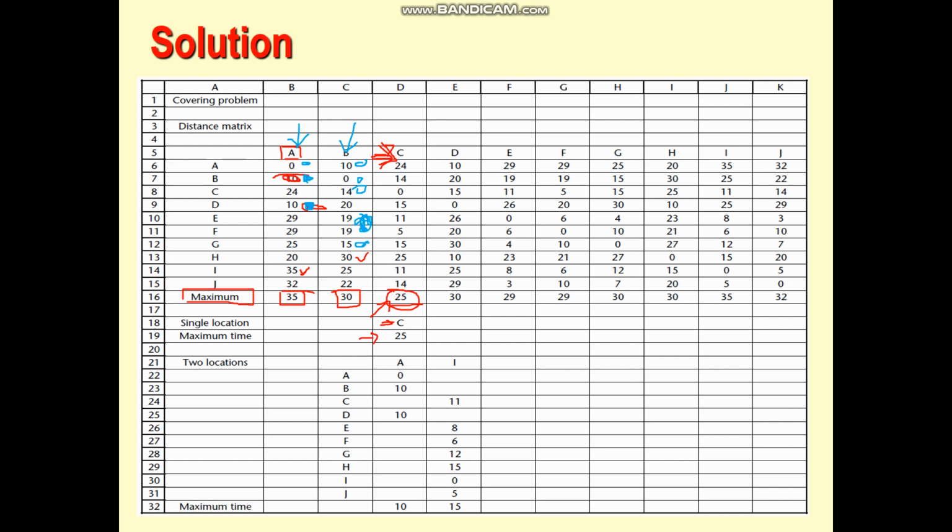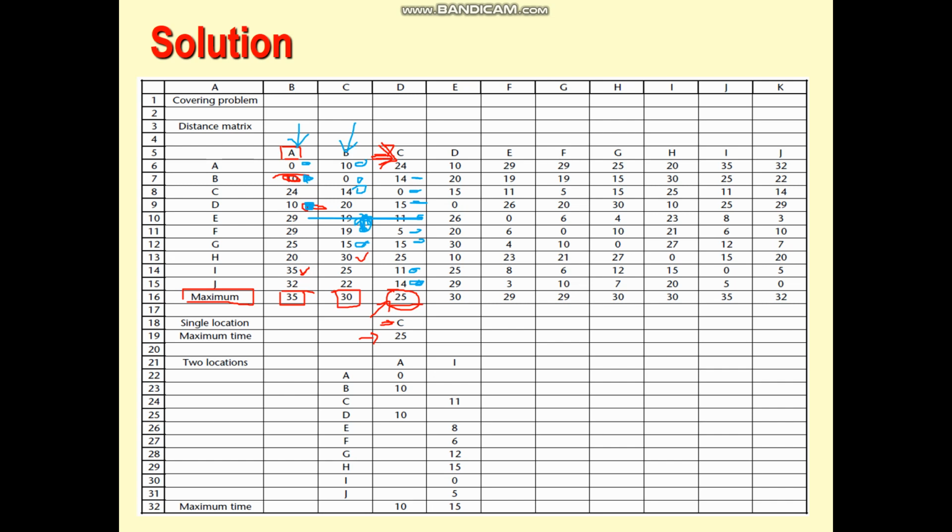However, if we put another facility in C, we can satisfy the customer in B, in C, in D, in E, in F, in G, and in I, and J. So we compare again.